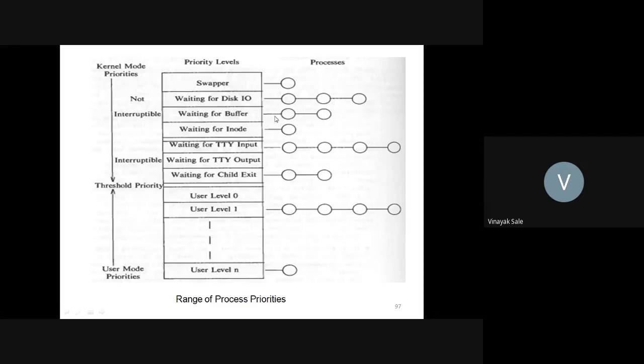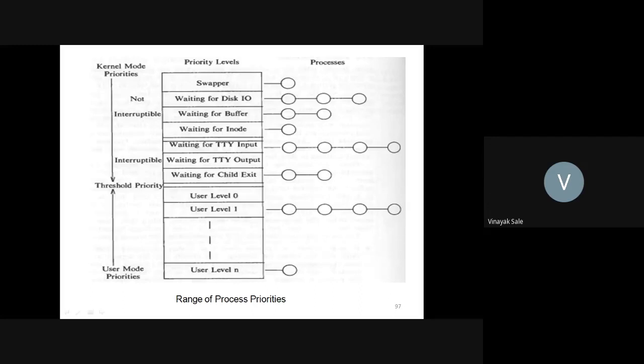Similarly, in kernel mode priorities, there is allocation of different input output devices, or buffer allocation, or inode allocation, or some processes go to the swapping mode.